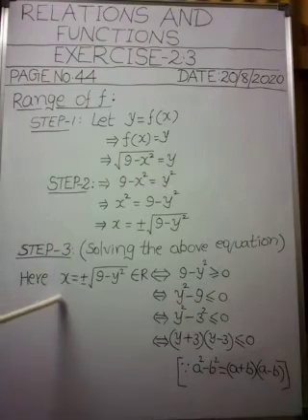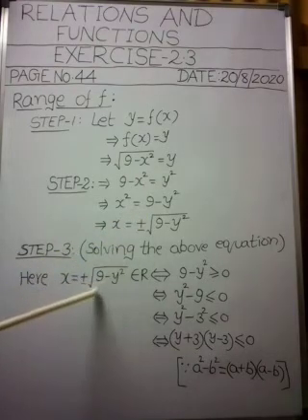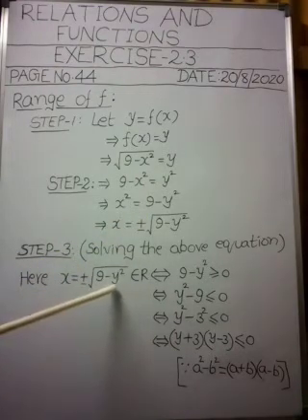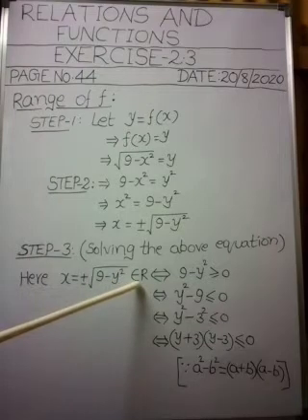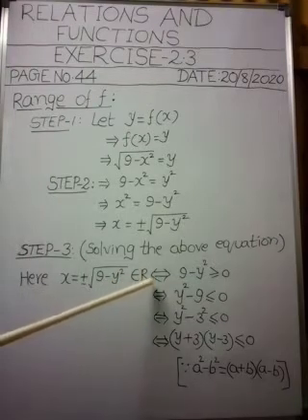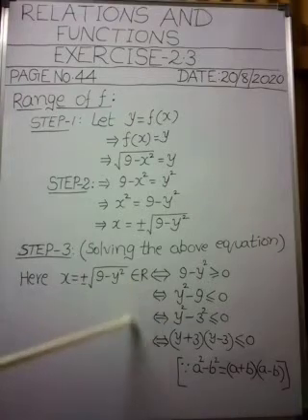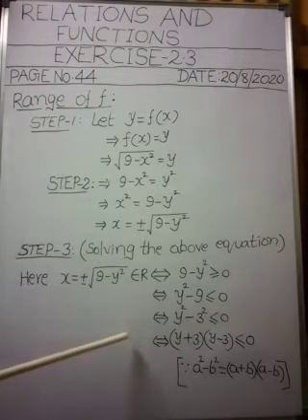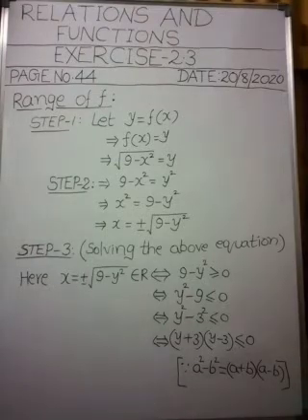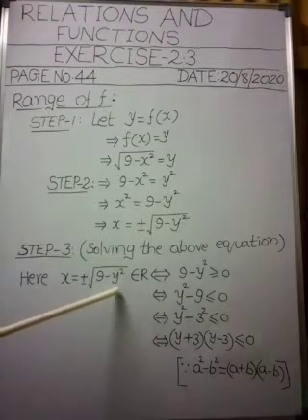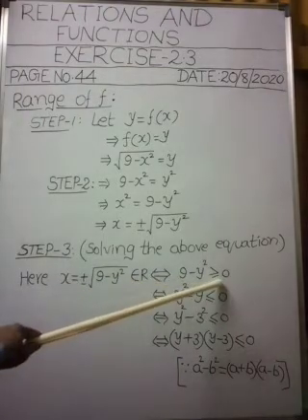So here x is equal to plus or minus square root of 9 minus y square, which is a real number. When it is a real number, same as in the case of domain, we follow the same steps to find the values of y. So 9 minus y square should be greater than or equal to 0.